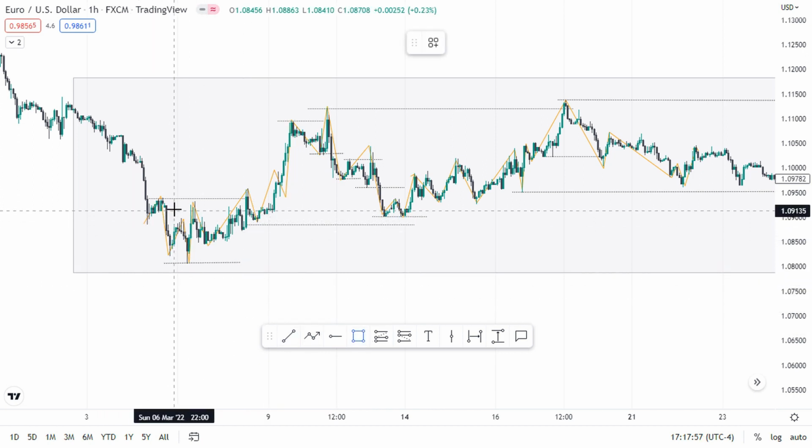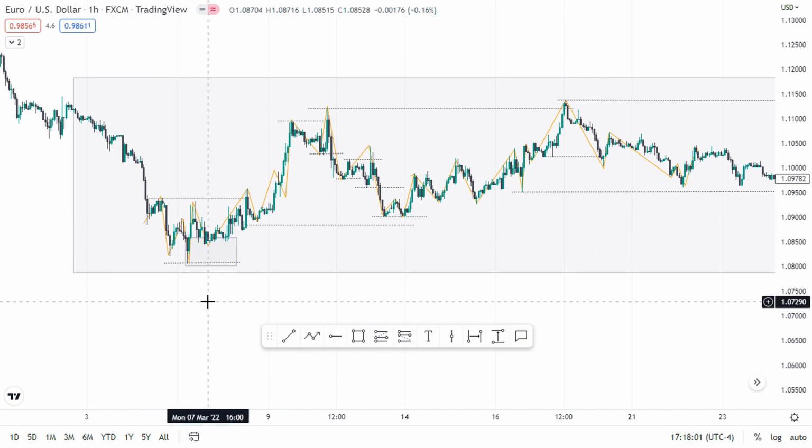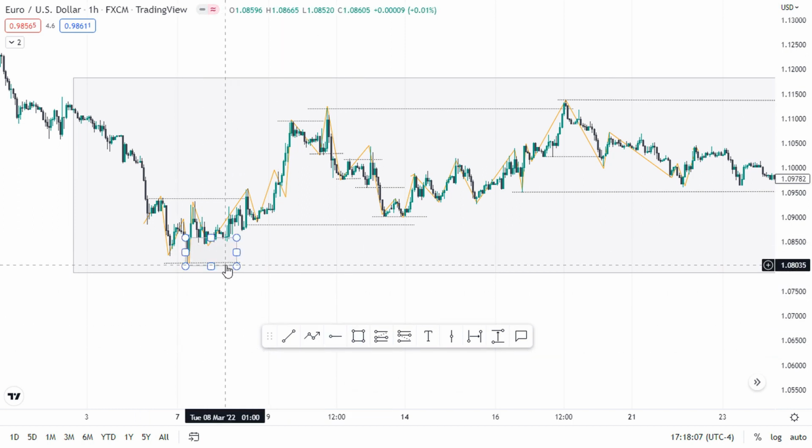So in this case, structure was taken out right here, price came back, retested the order block, and did a massive buyout. Let me change the color of this.